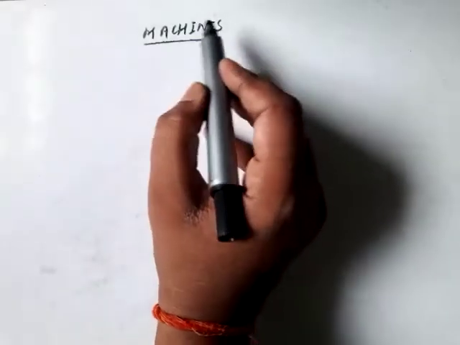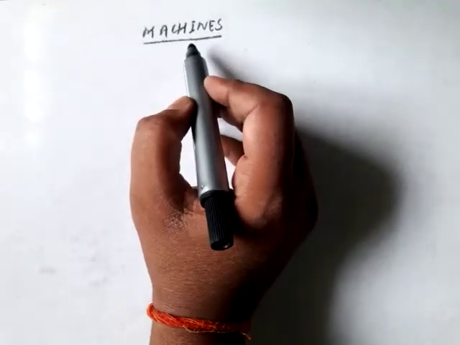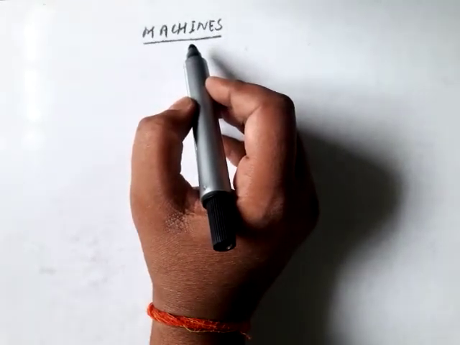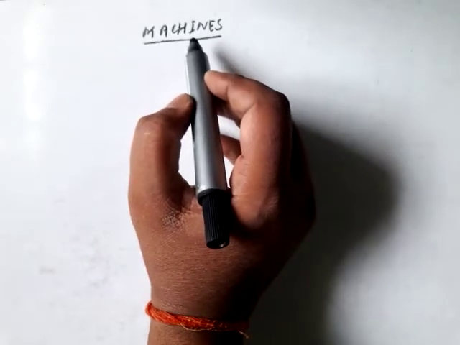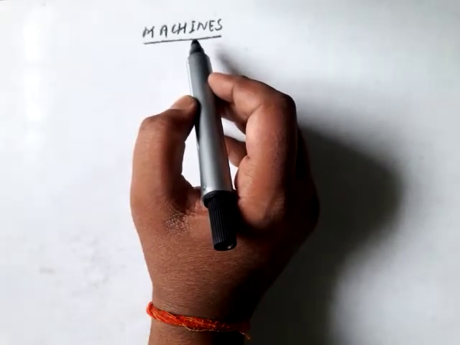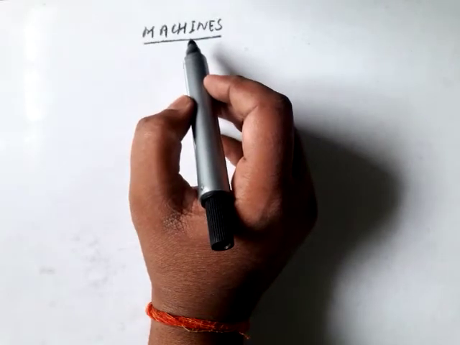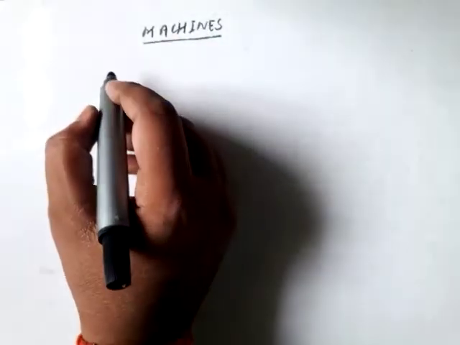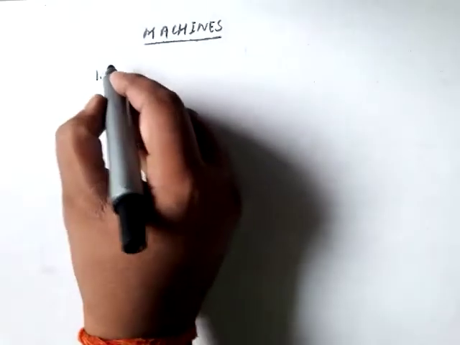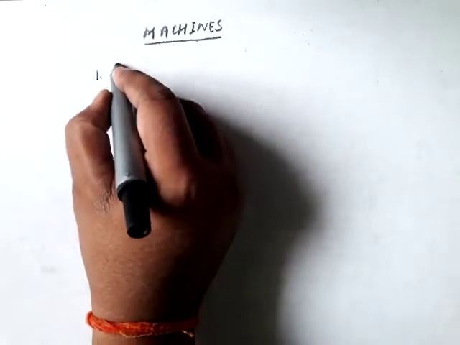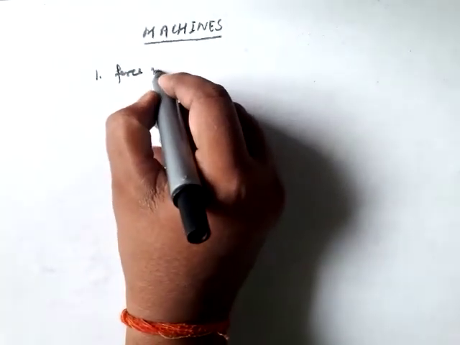So today in this video we are going to discuss some fundamental uses and functions of simple machines. The first advantage of a simple machine is that it acts as a force multiplier.